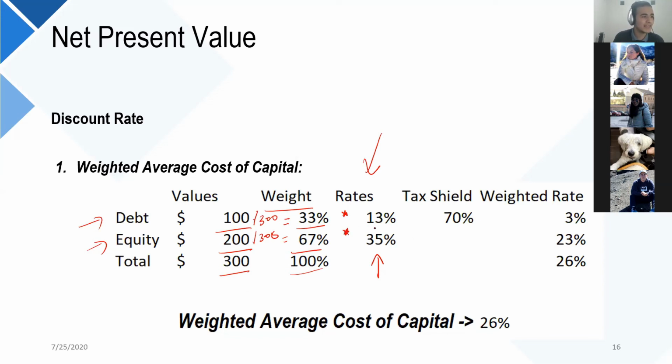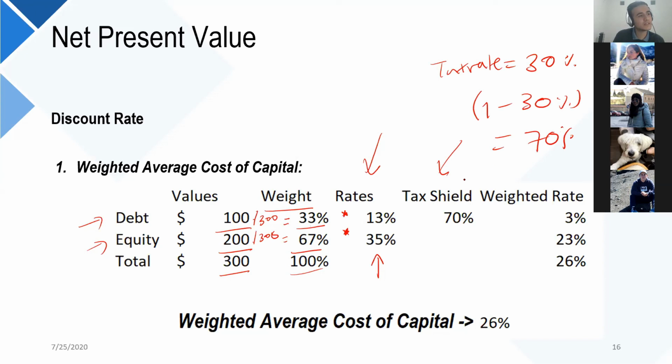And before I get this one, I need to add the tax shield. In Mexico right now, the corporate tax rate is 30%. So my tax shield, or the reduction I have on my interest rate, will be 1 minus 30%, and that actually is 70%. Okay, so that's the number I have here.